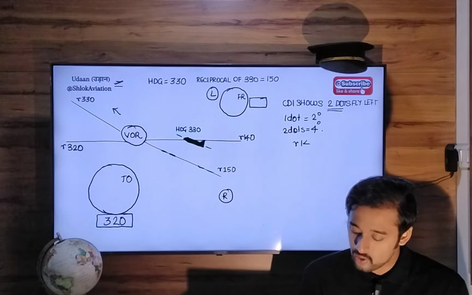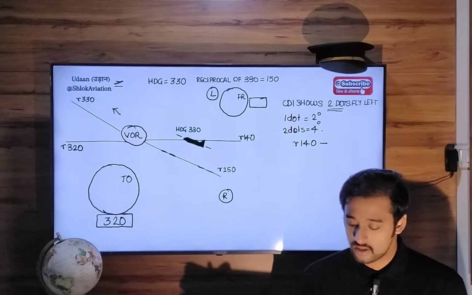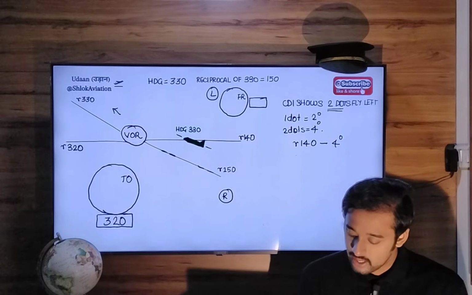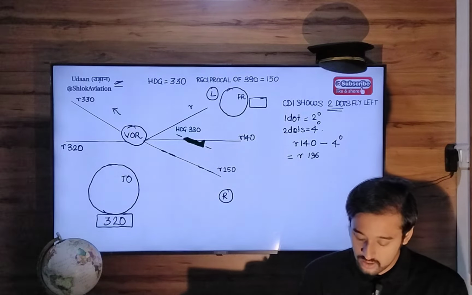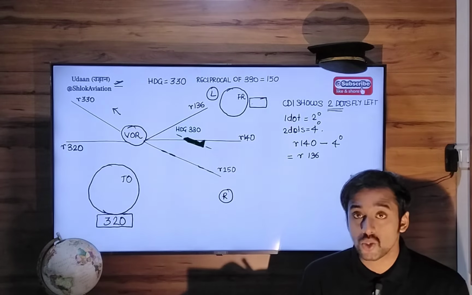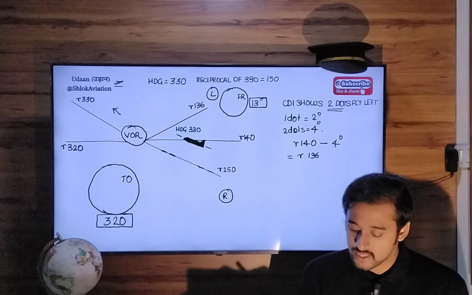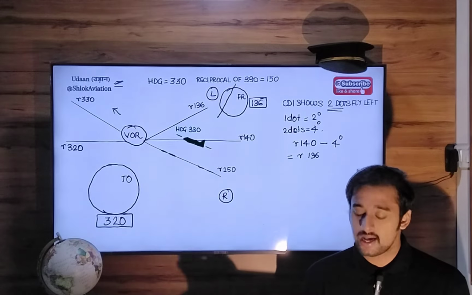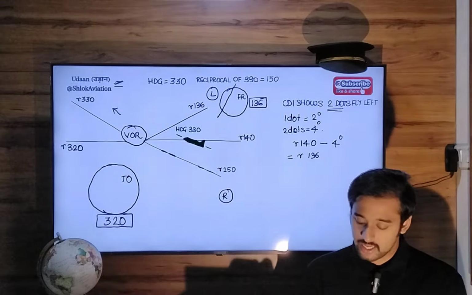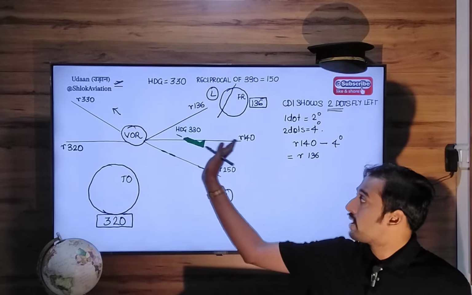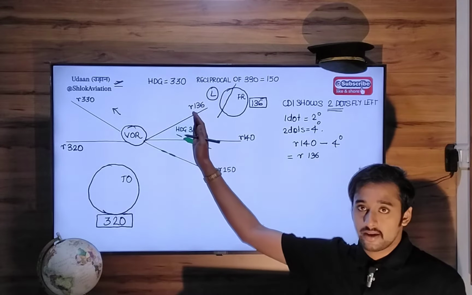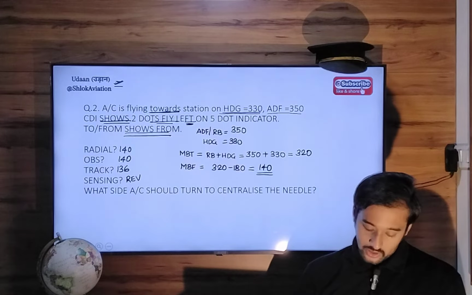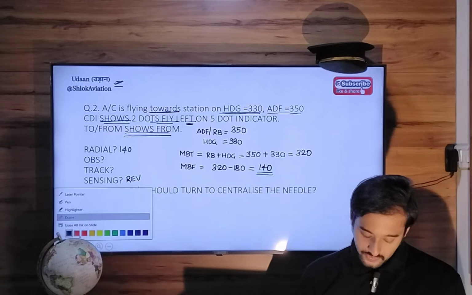Radial 140 minus 4 degrees is radial 136. That means the pilot has put 136 in his OBS selection, and therefore the CDI needle has gone to the left hand side, telling the pilot that going outbound, the setting which is 136 is to your left hand side. So the OBS setting is 136.